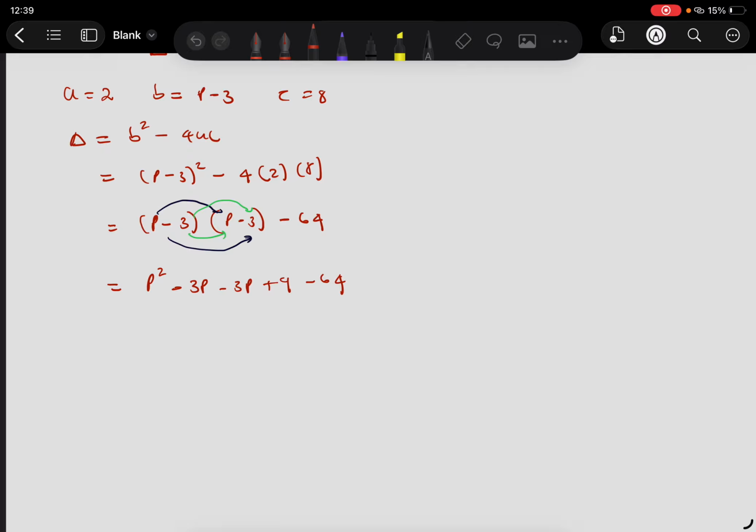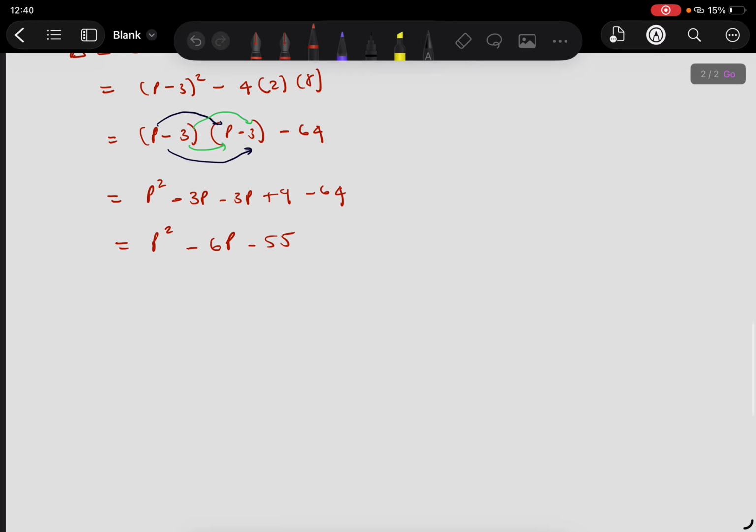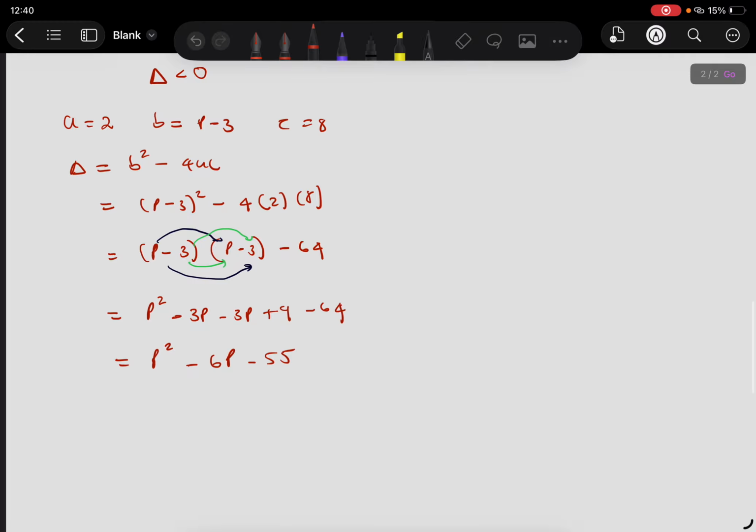Perfect. So now we have p squared minus 6p plus 9 and negative 64. And this will give us minus 55. Cool. So this is our discriminant.